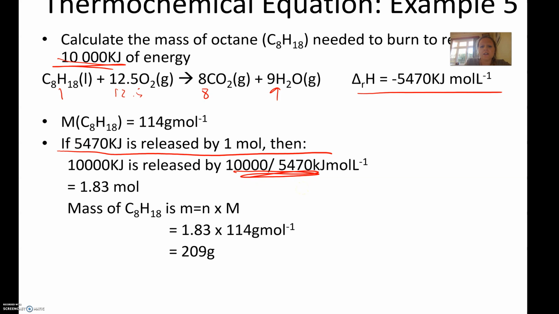And what that will do is tell us how many moles, because if 1 mole produced this amount of energy, then if we take this energy and divide it by this energy, it'll tell us how many moles that would be. And the answer is 1.83. So if we know the number of moles, then we can times it by the molar mass to work out the mass. So this is all kind of mathy type ones where you have to be a little bit logical about what's going on.